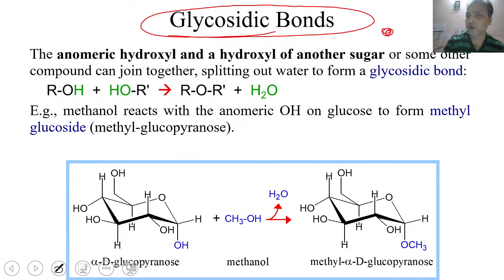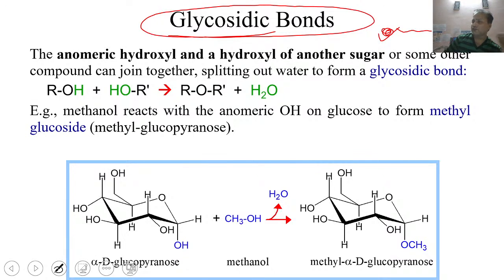This is one compound, this is another compound, and both are going to join together by a glycosidic bond. Most important is that one of the carbons should be anomeric. Without any anomeric carbon involvement, no glycosidic bond will form. So a minimum of one anomeric carbon is needed to form this glycosidic bond.